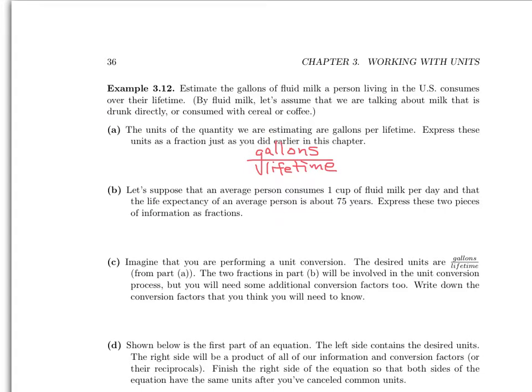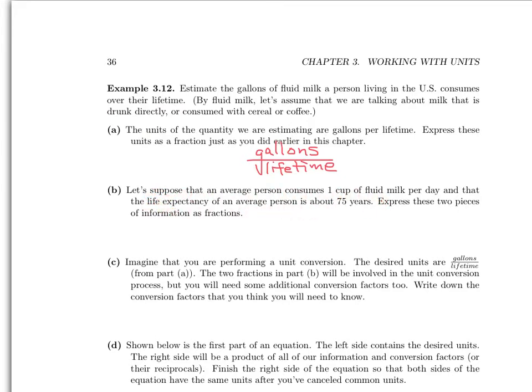It seems reasonable, if we want to make this estimate, that we would need to make some kind of an assumption or have some kind of information about how much milk a person drinks, maybe each year or each day. In this case, we're making an assumption that a person drinks a cup of milk a day. And if we're talking about how much they drink over a lifetime, then we're going to need to say something about how long a lifetime is.